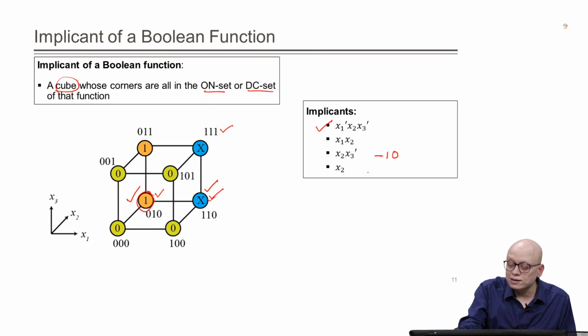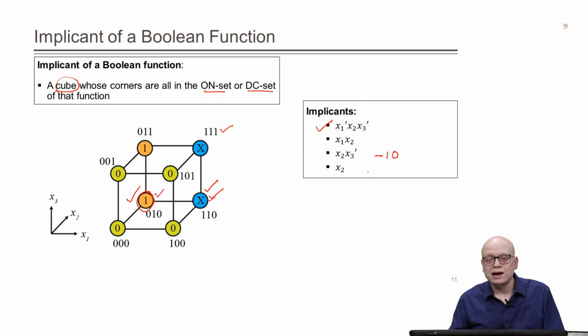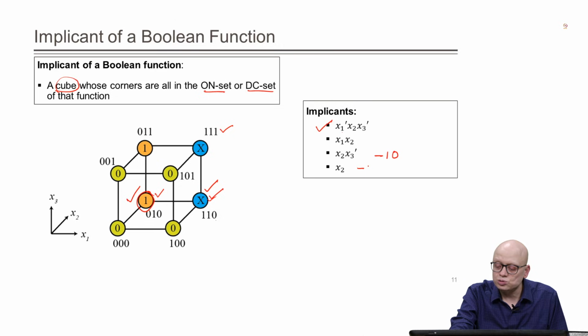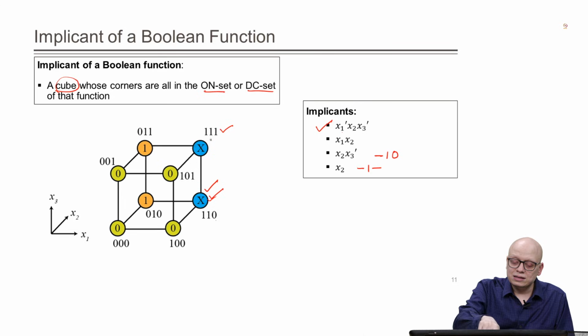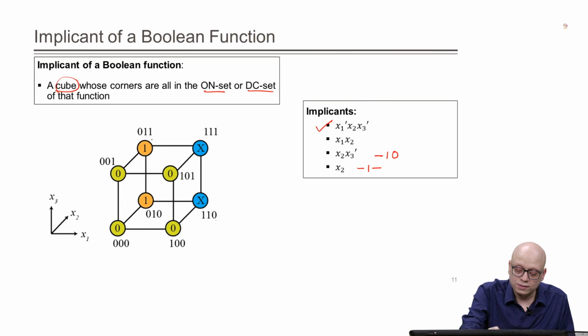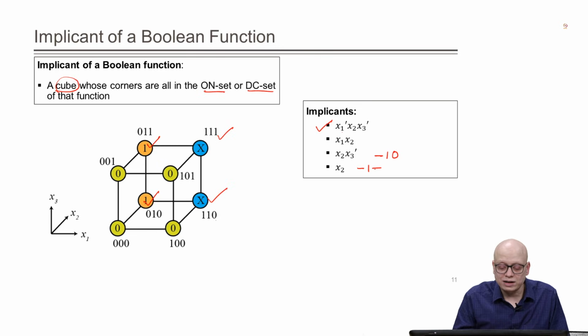So, these two are either in the onset or in the do not care set, and therefore, x2 x3 bar is also an implicant. What about x2? If x2 is there, meaning that x1 can take any value, x2 takes 1 and x3 can again take any value, then these are the 4 corners corresponding to x2. In these 4 corners x2 takes a value of 1 and x1 and x3 can take any value. All these are either in the onset or in the do not care set, and therefore, this is an implicant.